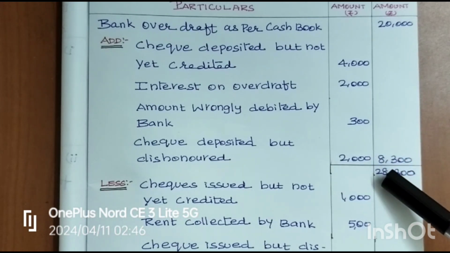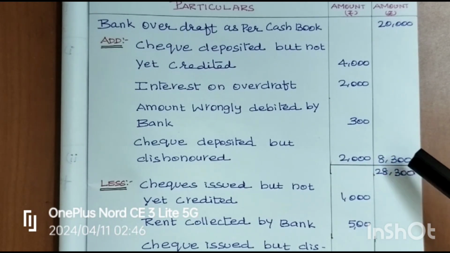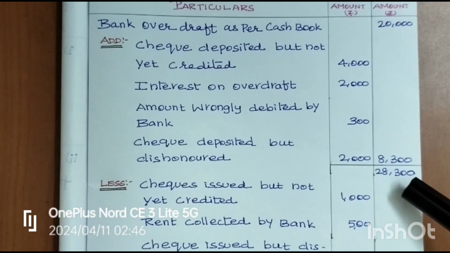We will get 8,300, and the 8,300 we enter in the outer amount column. Then we add 8,300 with 20,000. We will get 28,300, and we enter 28,300 in the outer column.